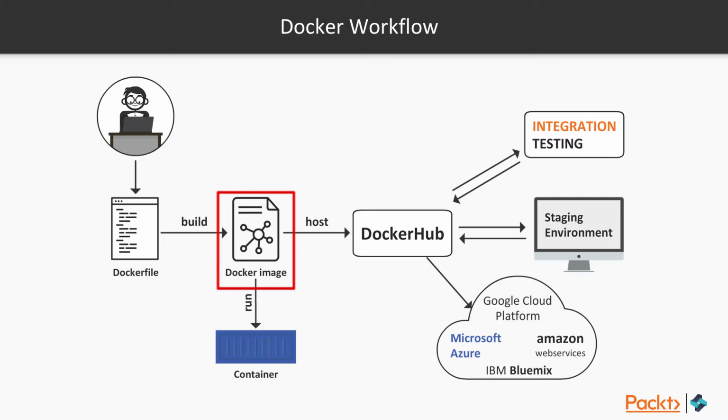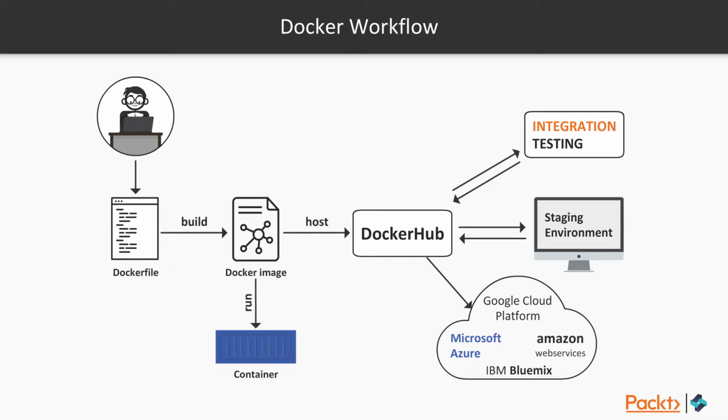Docker understands Docker images. Now, if you are from a Java background, we have classes. Classes are specifications. The same way, a Docker image is nothing but specifications for your applications.